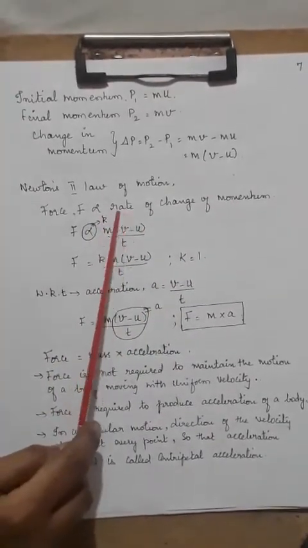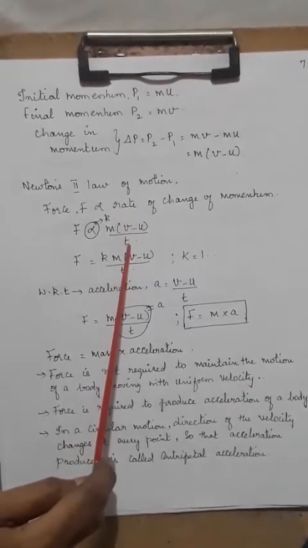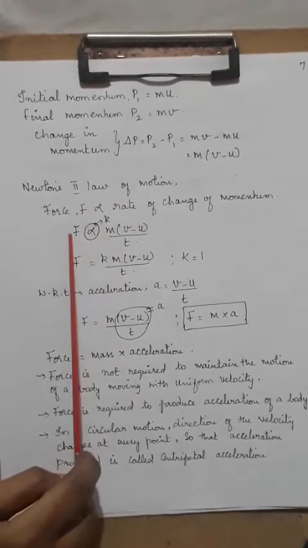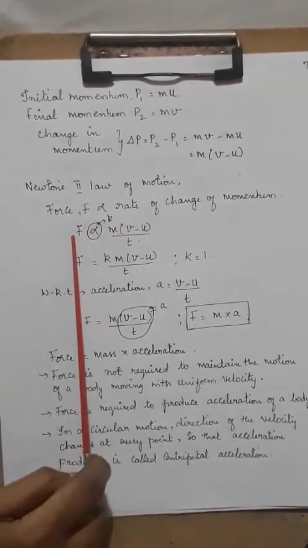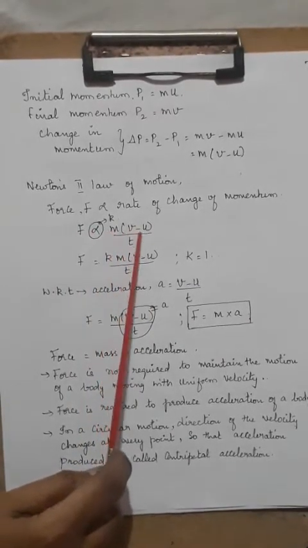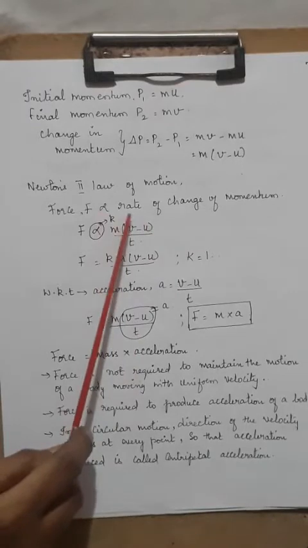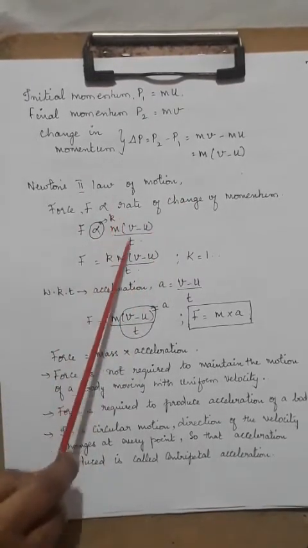Wherever you have a rate, you need to divide it by t. So now I can write that expression as F is directly proportional to m into (v minus u) divided by t.